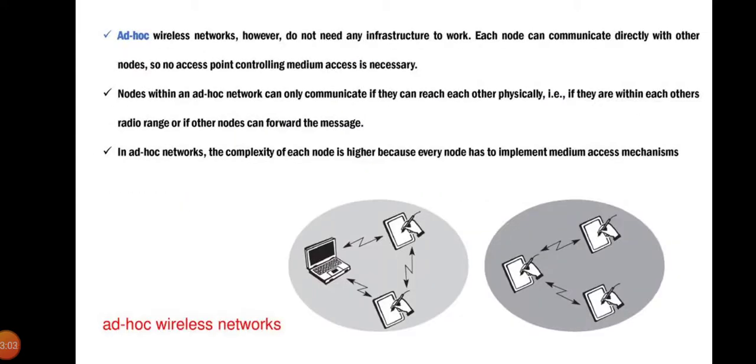The next type of network that we see here is the Adhoc network. In addition to infrastructure based networks, IEEE 802.11 allows the building of Adhoc networks between stations, and thus it forms one or more independent BSS, as you can see in this diagram.